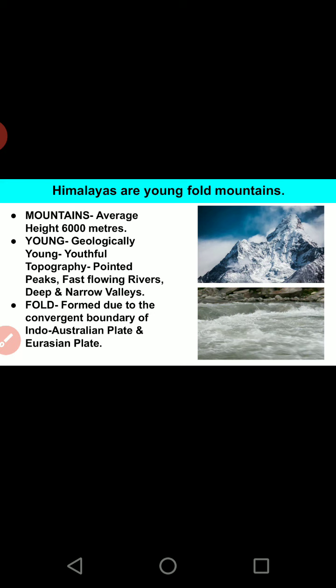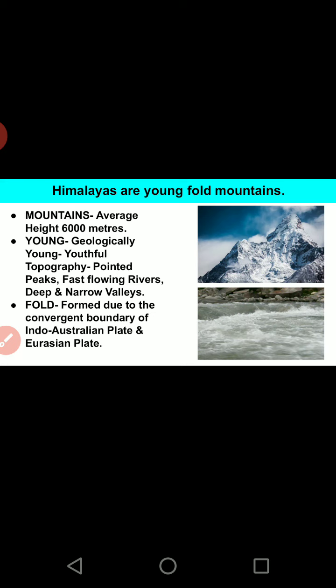We know that there are three features: mountains, plateaus and plains. Plains have a height of up to 200 meters. Plateaus go up to 600 meters. But anything above 600 meters is termed as mountains. And here we see Himalayan heights are on average 6,000 meters.